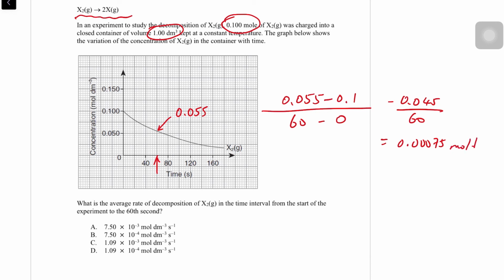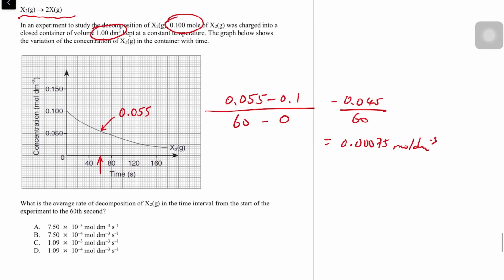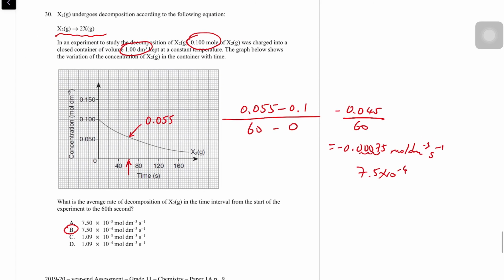Okay, this one. The minus sign is because it is decreasing. Let's change it into 1, 2, 3, 4. So the answer should be B for question 30.